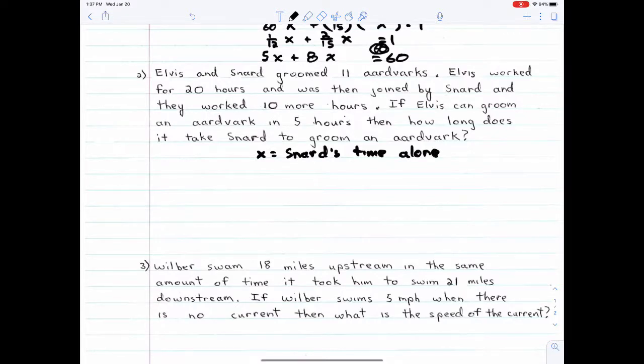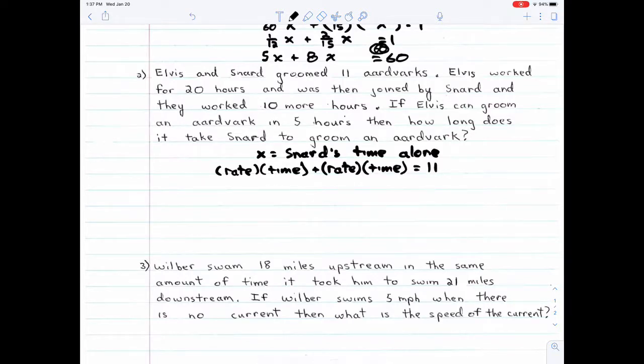Again, total aardvarks is 11, so that's going to be rate times time of Elvis plus rate times time of Snard equals 11 aardvarks.